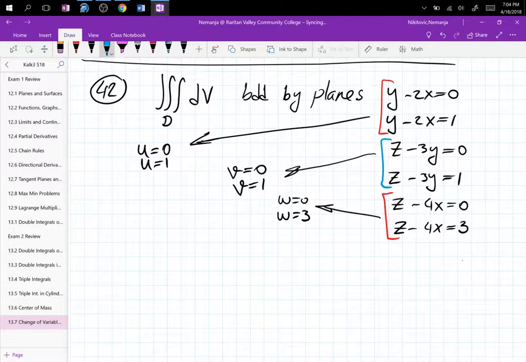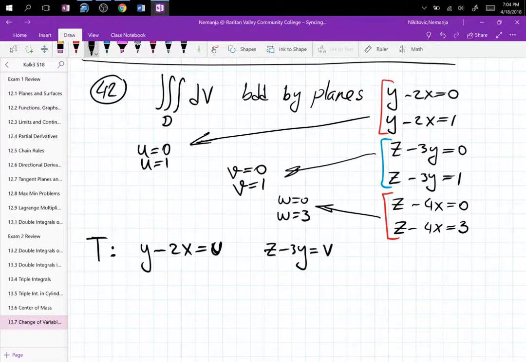Now, when I do that, what was my transformation which made this possible? Transformation is y minus 2x equals u, and z minus 3y equals v, and z minus 4x equals w. So that was my transformation. I came up with this transformation because everything was parallel. I had 3 parallel plates, so it's just, I guess, natural. Great. So I have that now.